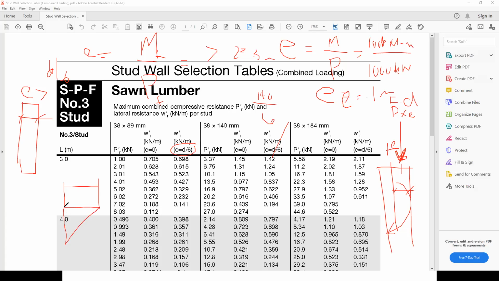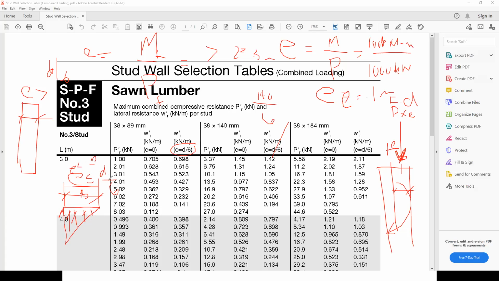This is the way the pressure distribution is. This only happens when E is less than or equal to D over 6, or in this case, if this was your foundation B, E should be less than B over 6. So this is what they mean by middle.